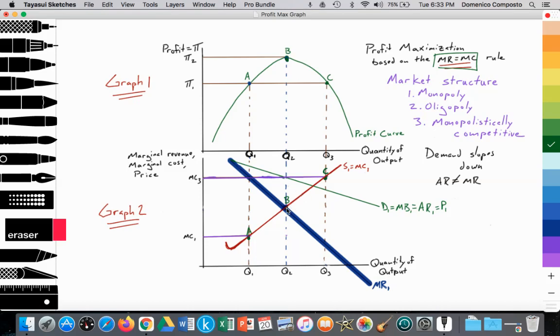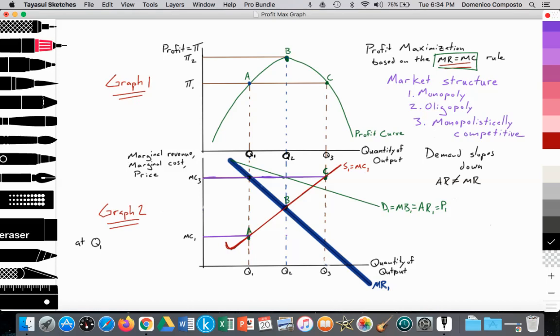We can go ahead and start looking at where the firm maximizes their profit. Let's look at the output at Q1. When the firm is producing at a quantity of Q1, we'll notice that their marginal cost at point A is less than their marginal revenue.